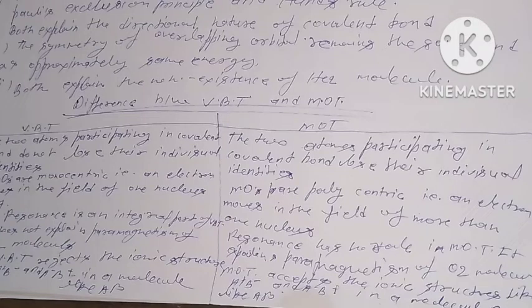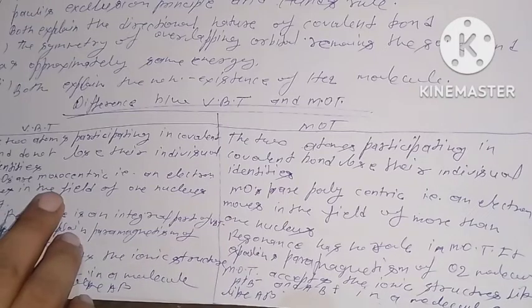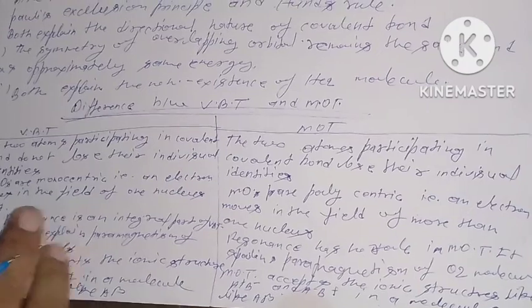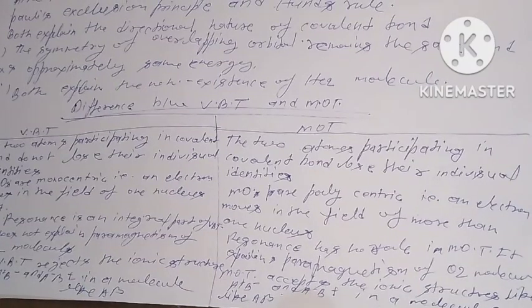And sixth point, valence bond theory is simple to apply, but molecular orbital theory is difficult to apply. Okay. And seventh point, molecular orbitals are formed by the approximation method LCAO, but atomic orbitals are formed by the combination of the space functions of two unpaired electrons. Okay.